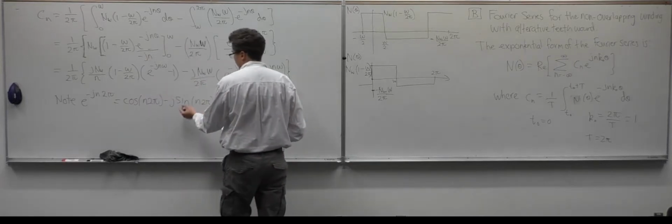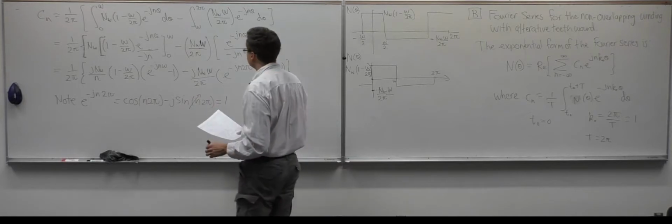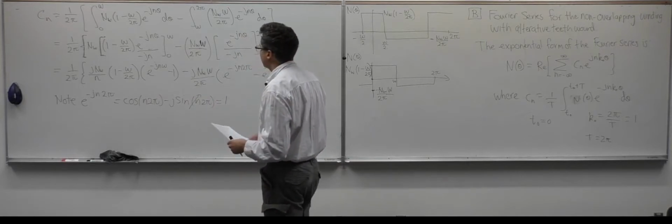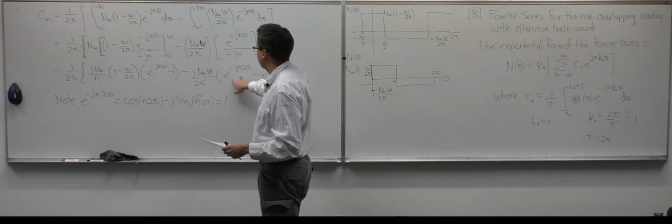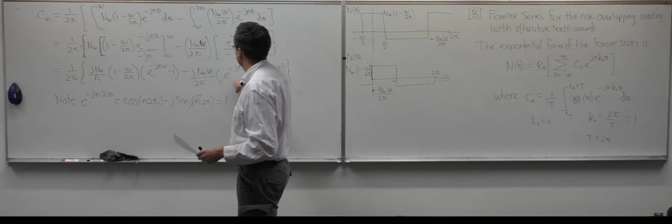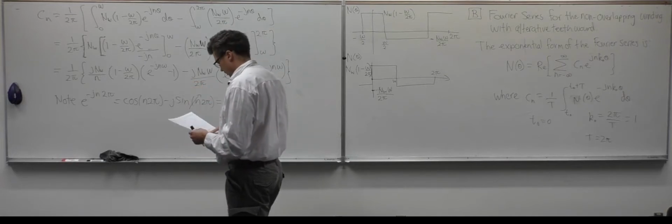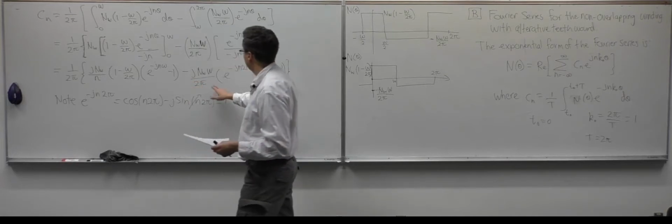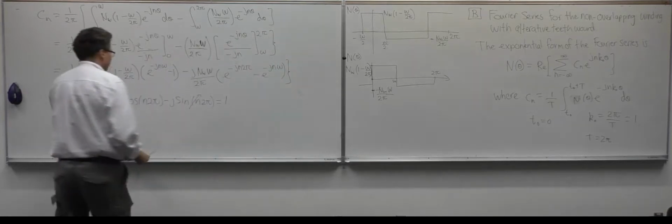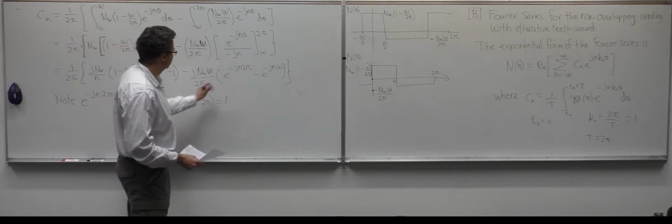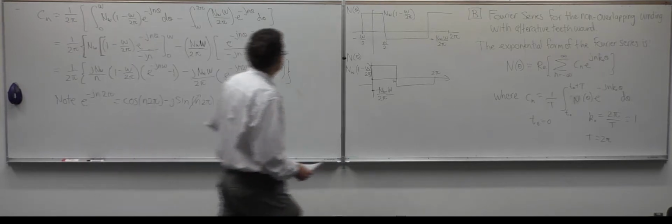So the sine is always going to be 0, and the cosine is going to give us a 1. Okay, so this will give us a 1. Actually, let me expand this one out one more step.